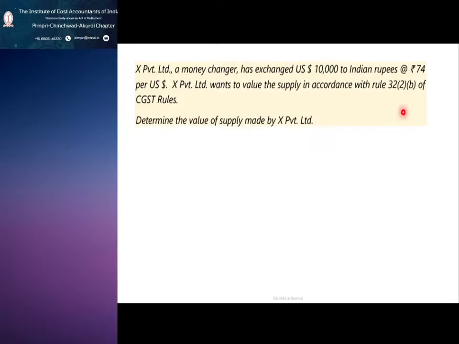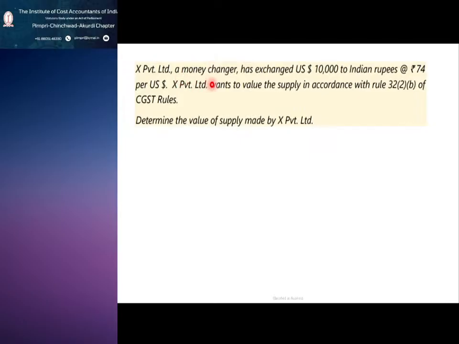So now you tell me, from this material you have the workings, right? The slab rates. If the foreign currency exchanged exceeds 1 lakh, there is 1000 or 250, whichever is higher. Same way here, how much is it?